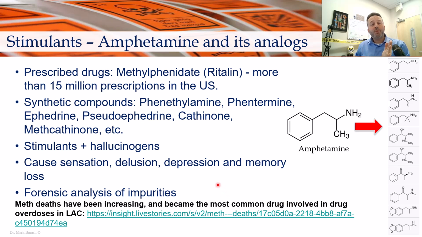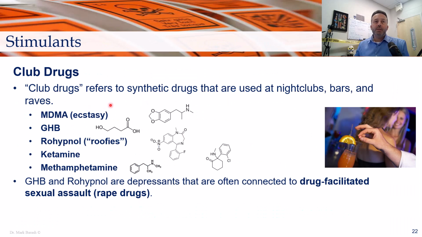And again, from the forensic perspective, we can analyze each of these drugs and the impurities in them to establish their origin in order to identify the lab where the drug was manufactured. Many drugs in this category are also known as club drugs or date rape drugs, because many of these drugs are used at night clubs to help people enjoy the night by increasing their senses and energy.